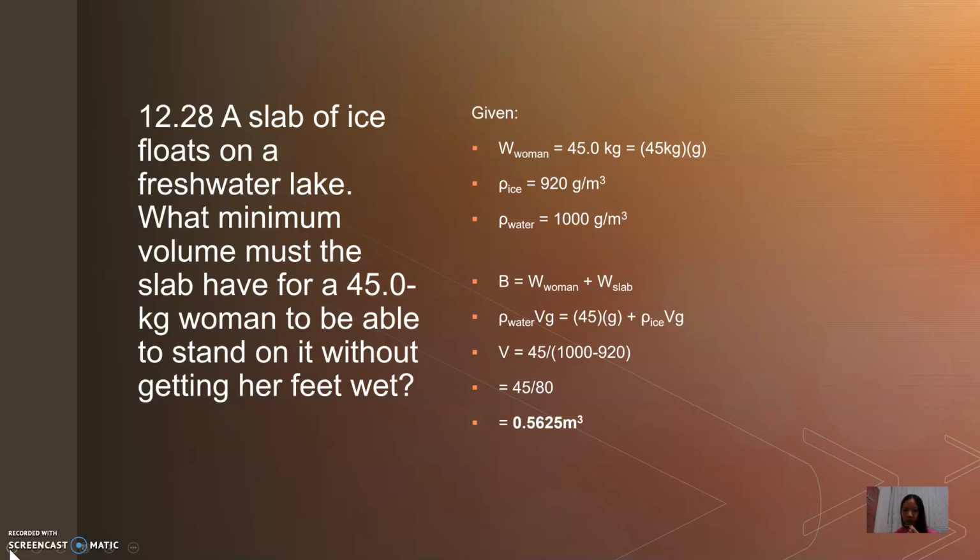So you can cancel all the gravities out, and using simple algebra, you can compute for its volume, which is 0.5625 cubic meters, and that is the minimum volume the slab must have for a 45 kilogram woman to be able to stand on it without getting her feet wet.